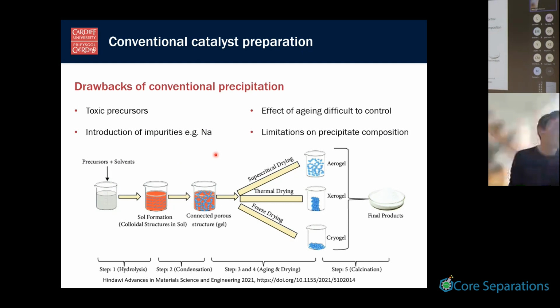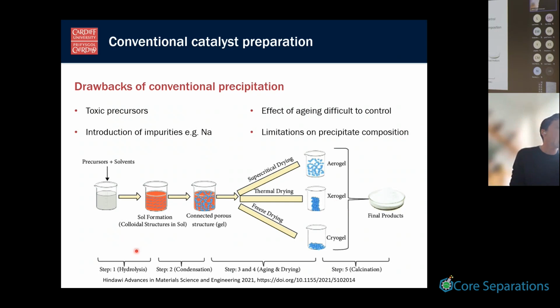If you use a precipitating agent, it might be something like sodium hydroxide or sodium carbonate. This can introduce impurities which require extra washing steps. And you also have fairly limited control of the aging of your precipitate and the chemistry that occurs. Not always, but certainly in some instances. And this in turn affects or limits the composition of your precipitate.